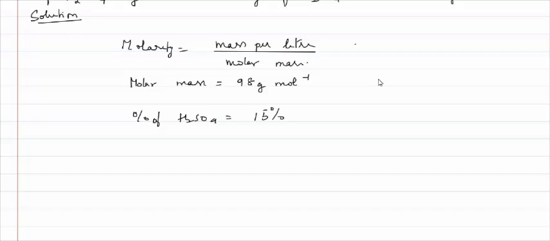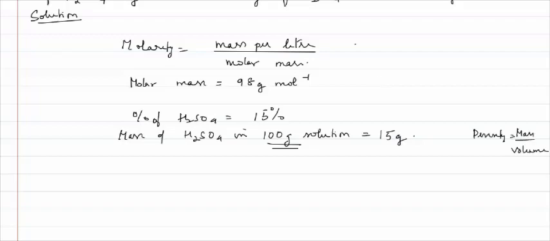So mass of sulfuric acid in 100 gram of solution is equal to 15 grams. Now what is the volume of this 100 gram of solution? That we can find out because density of the solution is given. Density is mass by volume. So volume is mass by density.